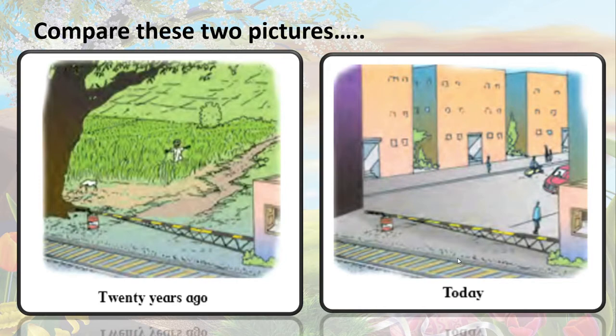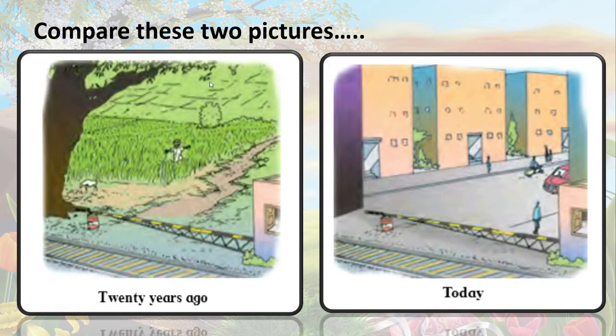Right? Here also in this picture you can see the railway track and the crossing railway gate, isn't it? Means these two are the same place, but this picture tells us about the condition of 20 years ago and this picture tells us about today's condition.